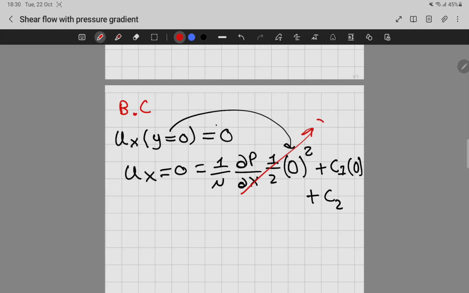So this term is 0, and this term is 0. So that means that c2 is going to be 0.